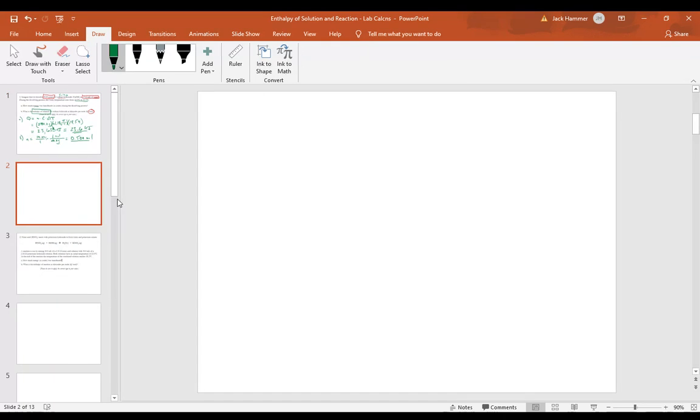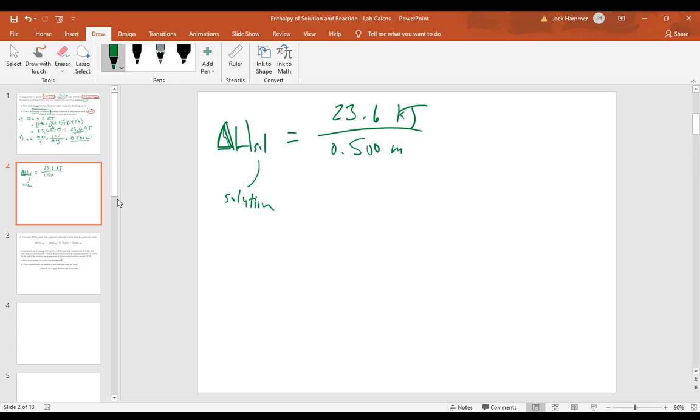So in the final step, what we do to calculate the enthalpy of solution, that's ΔH with the subscript sol, and the sol means solution, is take the kilojoules that we calculated, which was 23.6 kilojoules, and divide it by the number of moles of sodium hydroxide that led to this amount of heat being released.